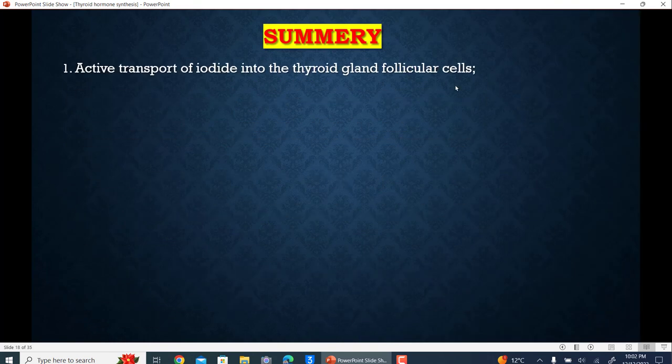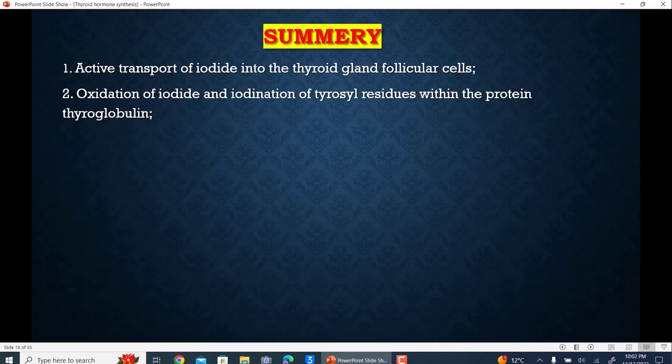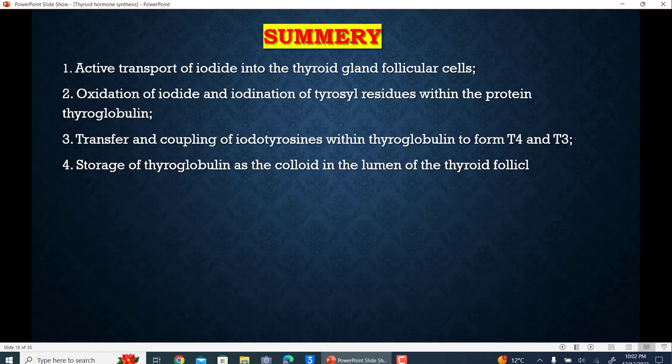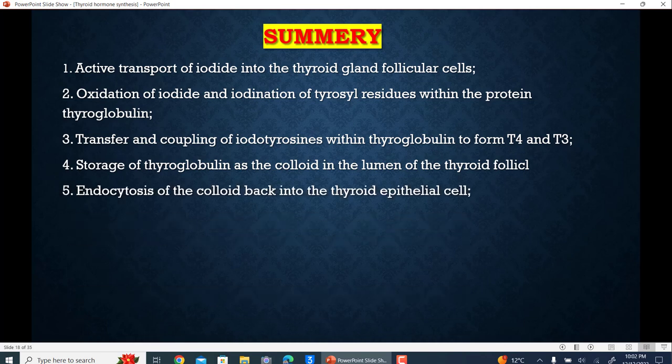So the summary is: active transport of iodine into the thyroid gland follicular cells, oxidation of iodide, iodination of tyrosine residues within the protein thyroglobulin, and transfer and coupling of iodotyrosines within the thyroglobulin to form T4 and T3. Storage of thyroglobulin as colloid in the lumen of the thyroid follicle.